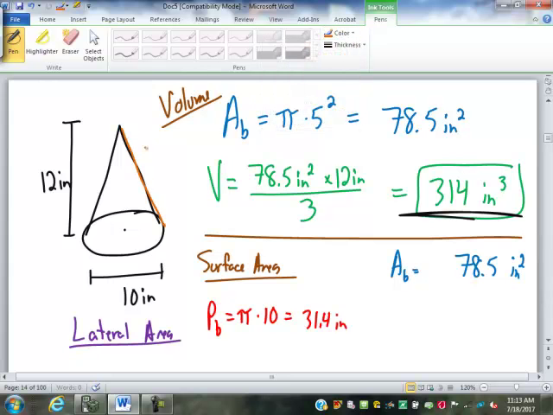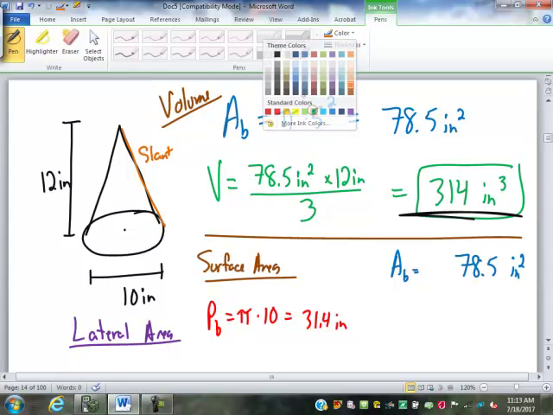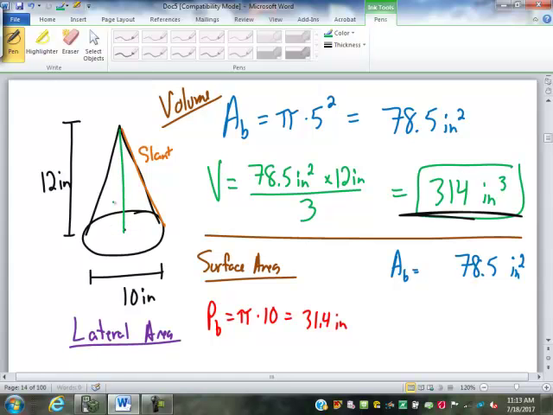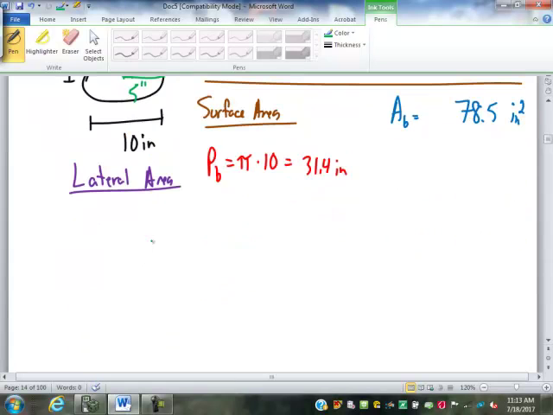What else do we need to know? The slant, right? Well, if I put this in here, this is going to be 12 right here, and this across here will be 5. So I'm going to come down here and draw that out a little bit bigger. This is 12 inches and 5 inches.